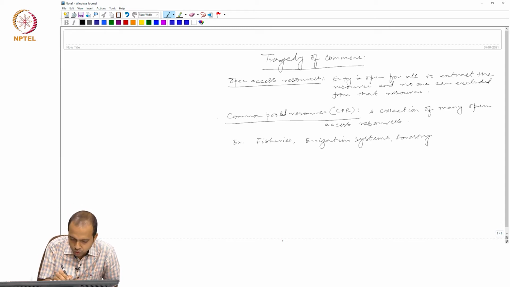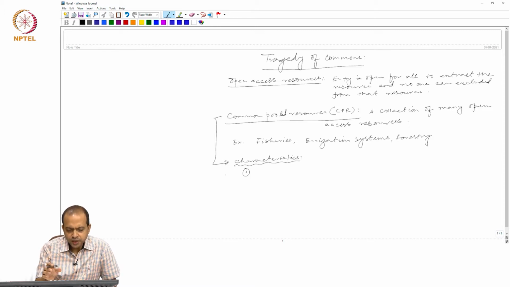What are those two important features or characteristics? Number one, apparently it may look like a common pool resource is like any other public good, but it is a little different from the public goods that we are generally aware of.